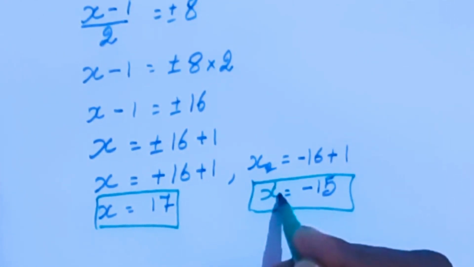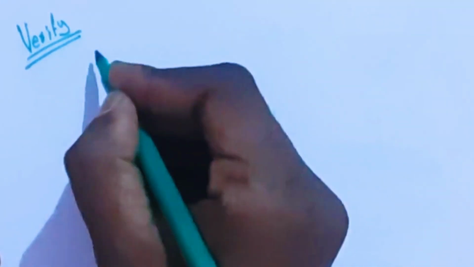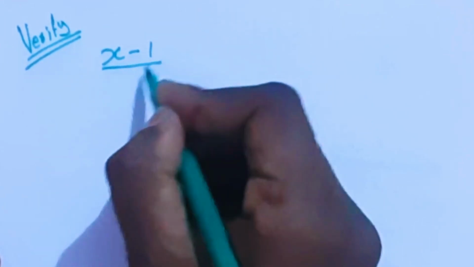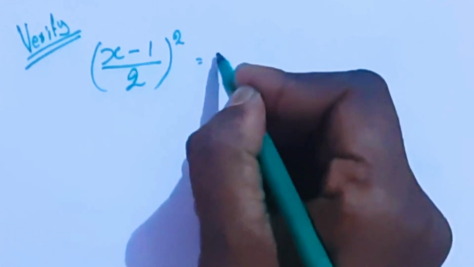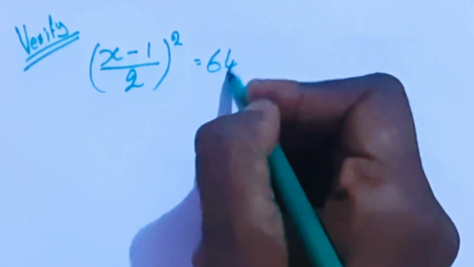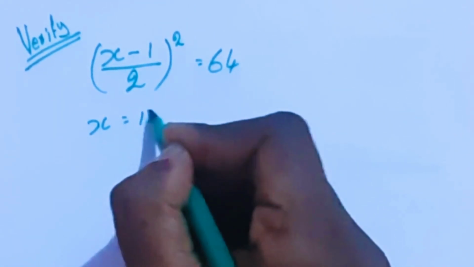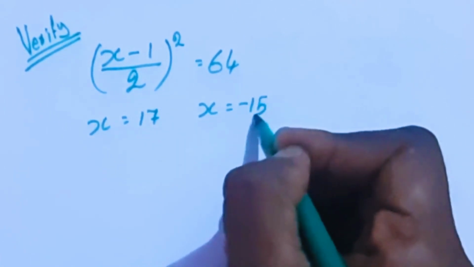Now we are going to verify this. Verify ((x − 1)/2)² = 64, with x equal to 17 and x equal to minus 15.